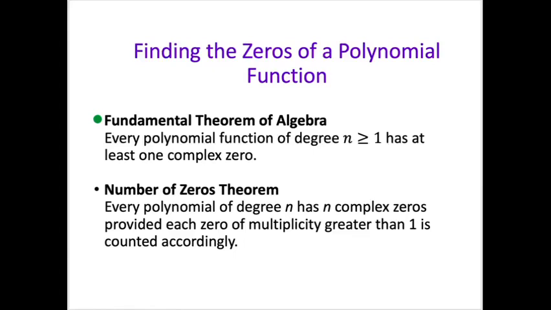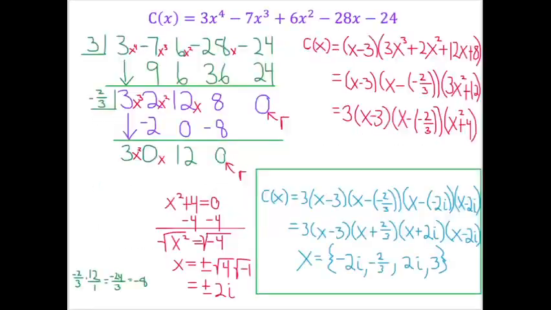In this case, we had 4. And then the number of zeros theorem just tells us that every polynomial of degree n has n complex zeros, provided each zero of multiplicity greater than 1 is counted accordingly. We didn't have any zeros of multiplicity greater than 1, right?